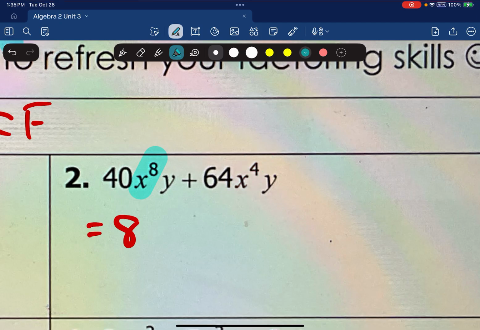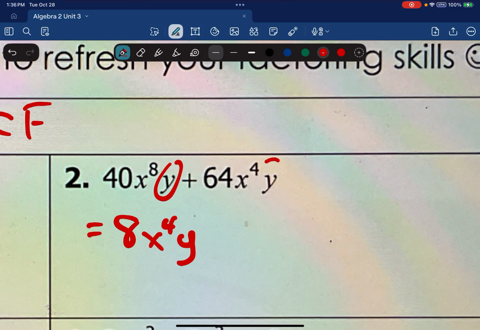The maximum amount of x's that I can take out of both of these would be x to the 4th, because I couldn't take 8 x's out of 4 x's in that second term. So x to the 4th, and then I can take a single y out of each one because they both have a y. So my greatest common factor is 8x to the 4th y.